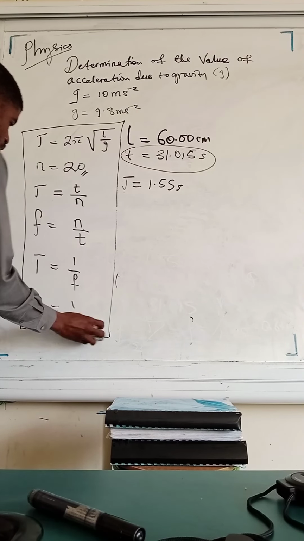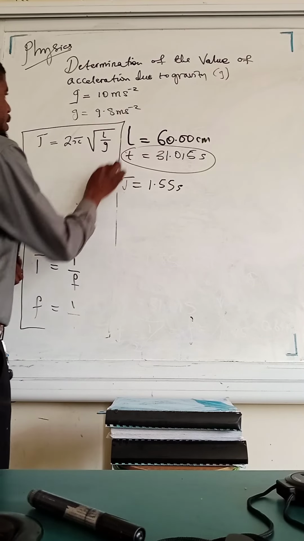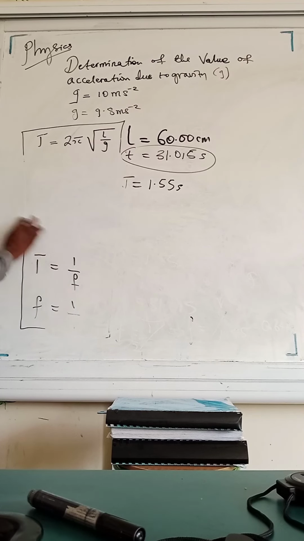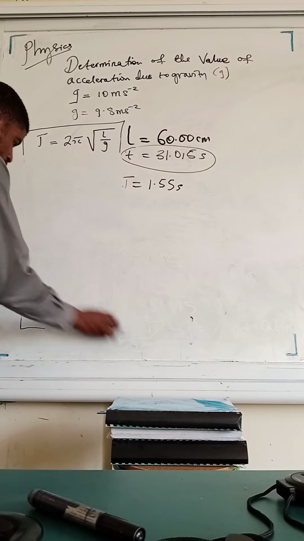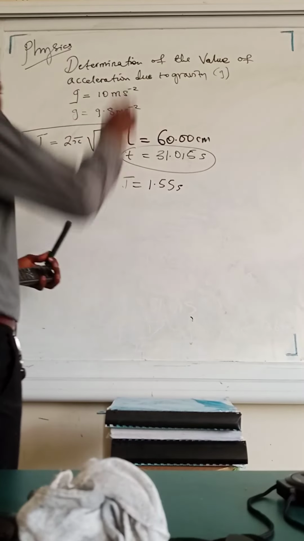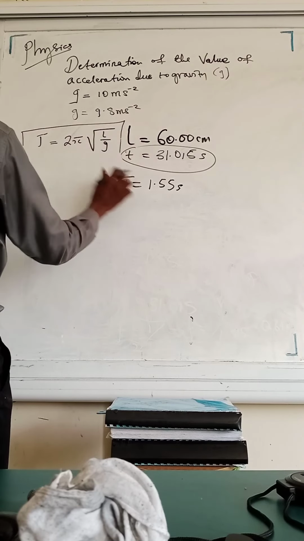Now, from this equation I have written down here, we are going to make small g the subject of the formula. Very, very simple. So from here, let's start.